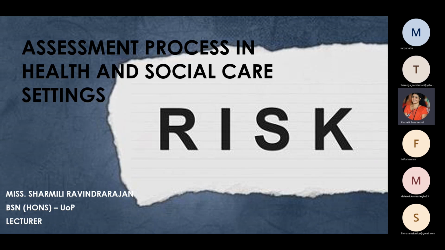Because assessment simply means we are gathering data for the progression of any activity. But when we are talking about health and social care, the assessment that is carried out by the nurses is very, very accurate, because those assessments are mainly focusing on the patient side.